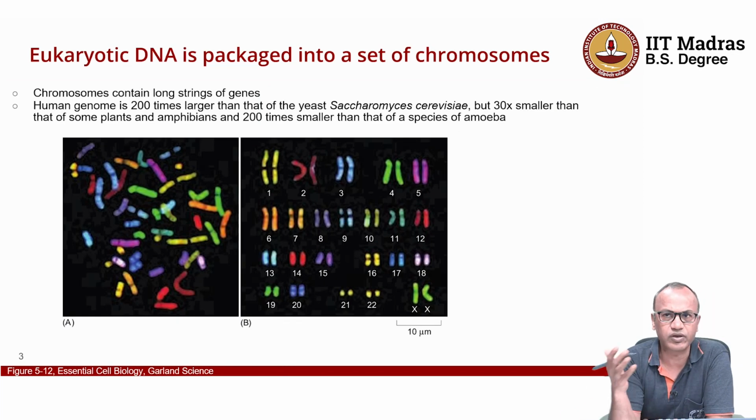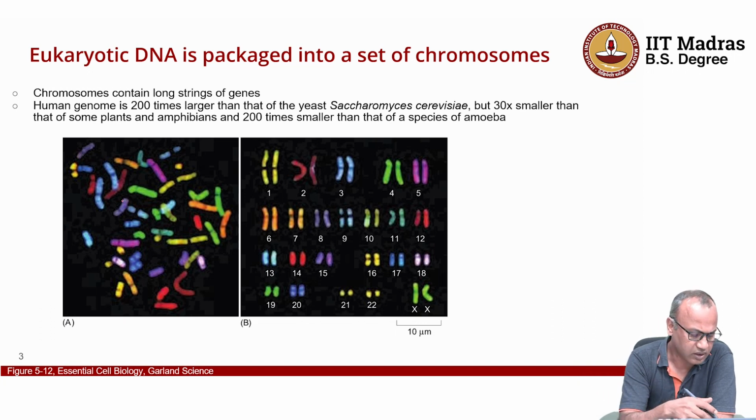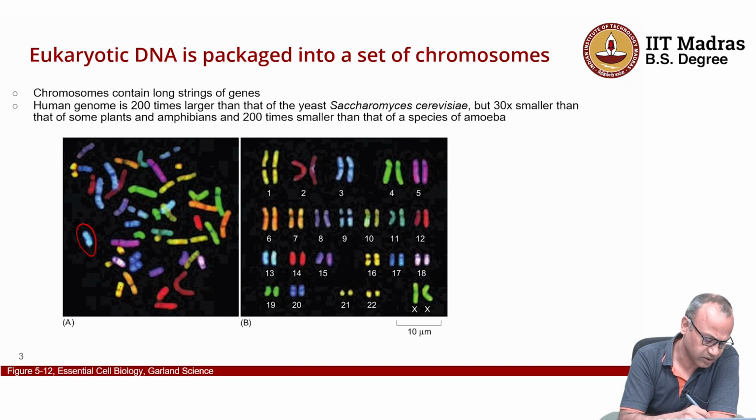Just to give you an idea of how DNA exists in a cell, if I were to extract DNA from a human cell, I'd be extracting these structures, which are called chromosomes.